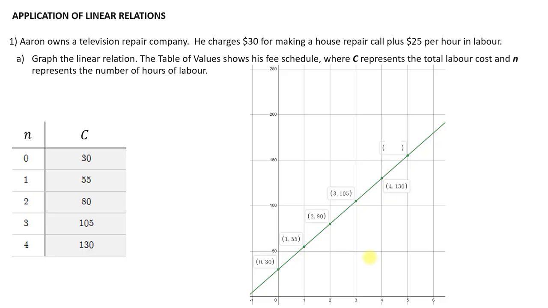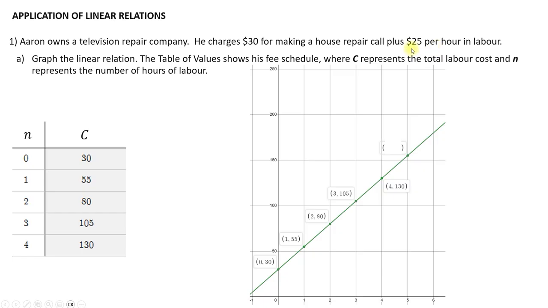So in these sort of situations, you'll often see this word here, $25 per hour. And when you see words like this, per hour, or he makes $50 an hour, or he's traveling 30 kilometers per hour, these kind of words give an indication or a little hint that we're talking about the slope.